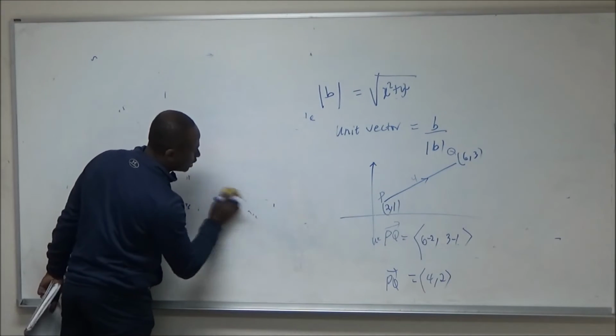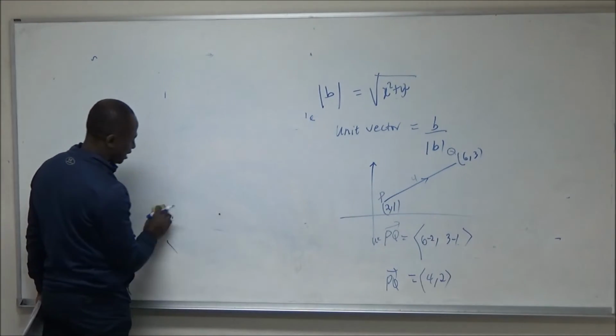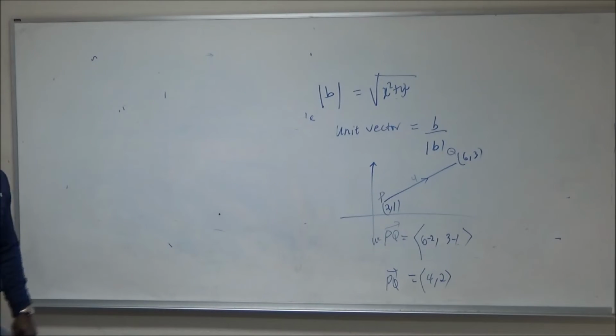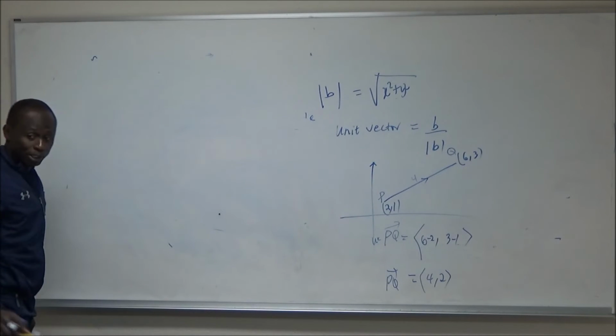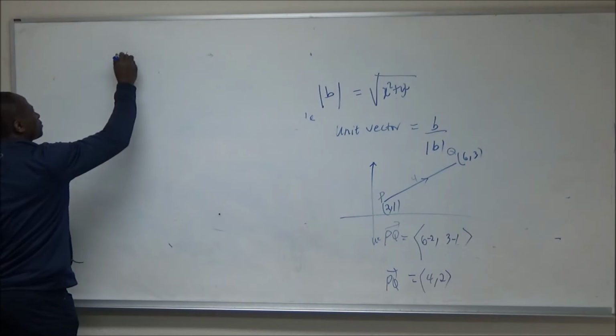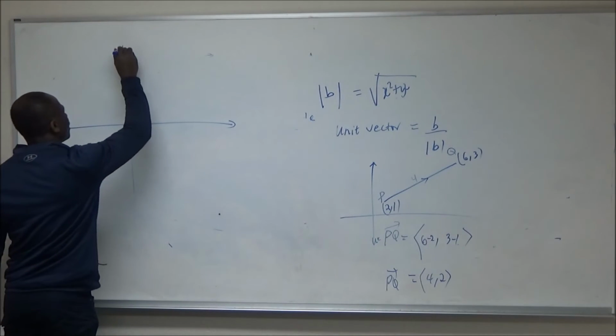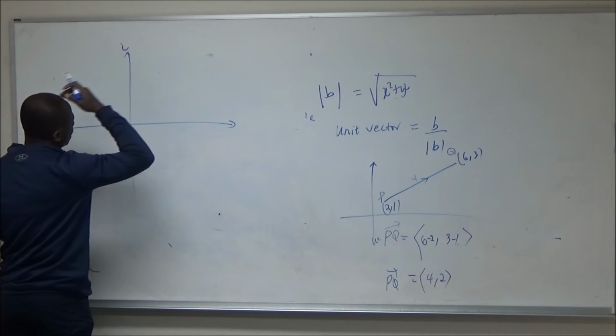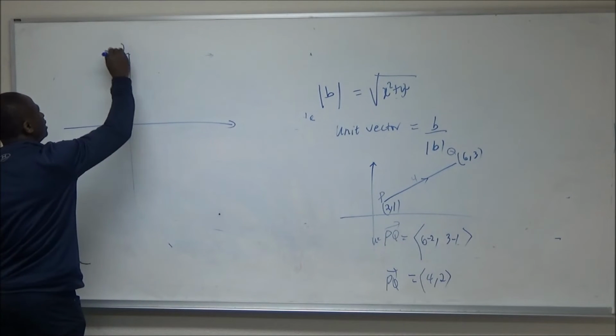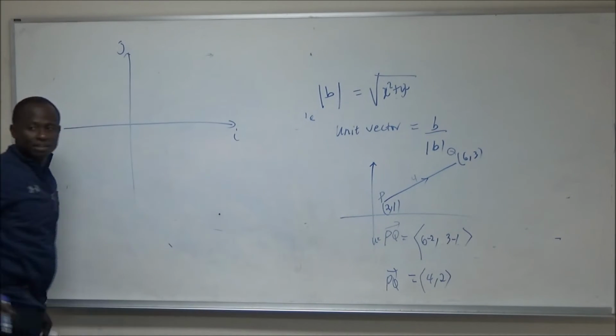Vectors can also be written in terms of what we call i and j. Don't get confused with complex numbers. You've done complex numbers. Don't get confused with that. I used to get confused with complex numbers a lot, but it's not. So we have the i and j coordinate systems instead of the x and y.